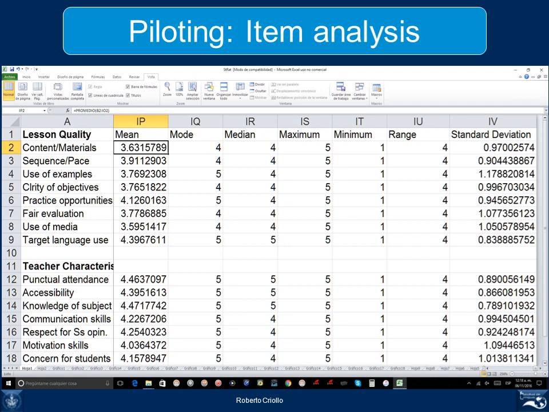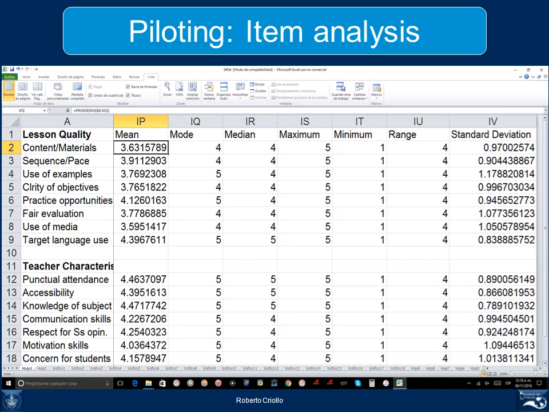Normally what we want to see is that people agree more in the point of view. That means that there are not such big differences, and in this case the lowest value of the standard deviation was basically for target language use. So this means that the students agreed basically that the teachers use the language in a very appropriate way in the classroom.